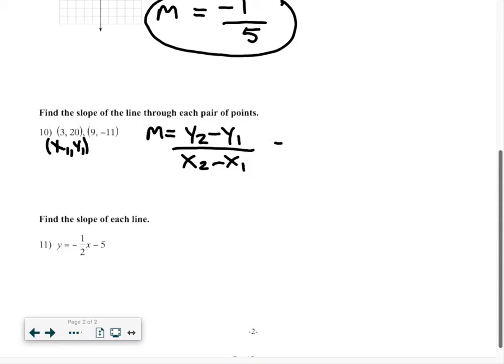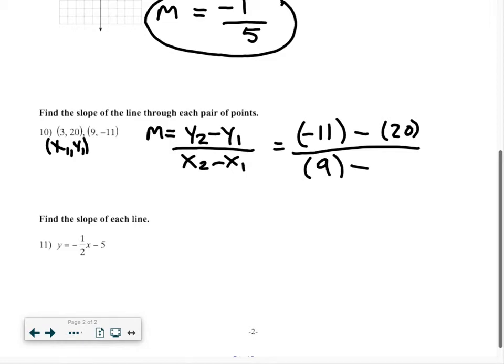If we substitute in, the y coordinate of the second point, -11, minus the y coordinate of the first point, 20, over the x coordinate of the second point, 9, minus the x coordinate of the first point, 3. Let's simplify. -11 minus 20 is -31, over 9 minus 3, which is 6. So -31 over 6, not going to simplify. Just leave it as a fraction. That is reduced all of the way.